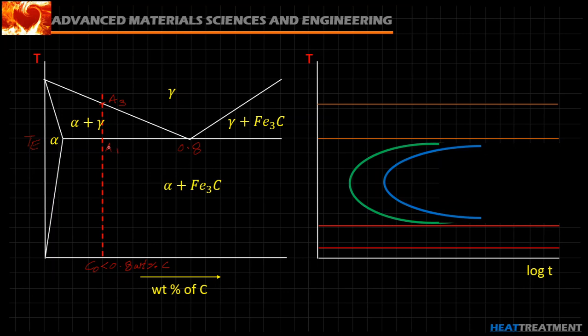As we cool along the vertical line, at this temperature alpha starts precipitating from gamma. As we see, here are the two critical temperatures, A1 and A3 temperature for this alloy.